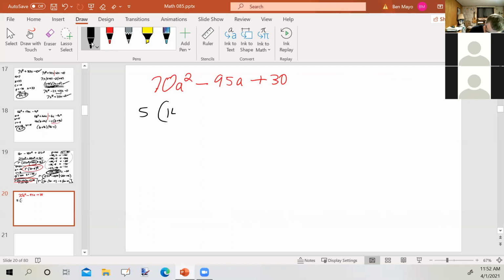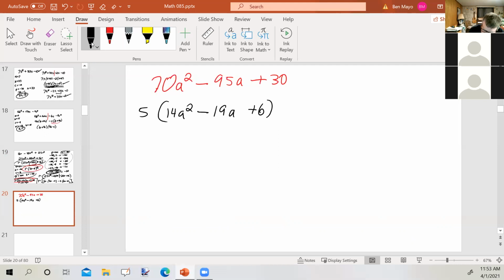That's going to give me 14a squared minus 19a plus 6. Let's see, 5 times 14 is 70. 5 times negative 19 is negative 95, and 5 times 6 is positive 30. Okay, so I've got a greatest common factor taken out.